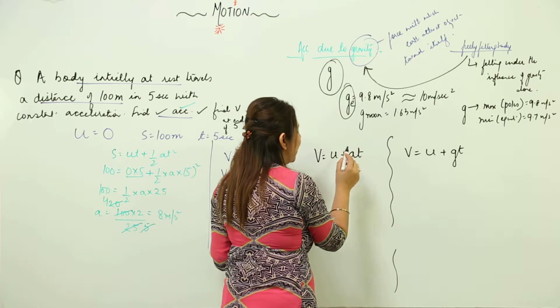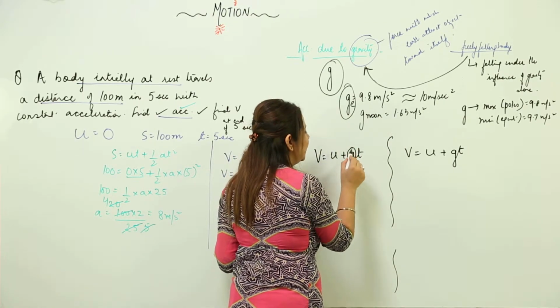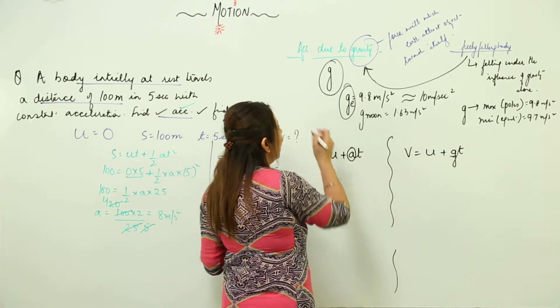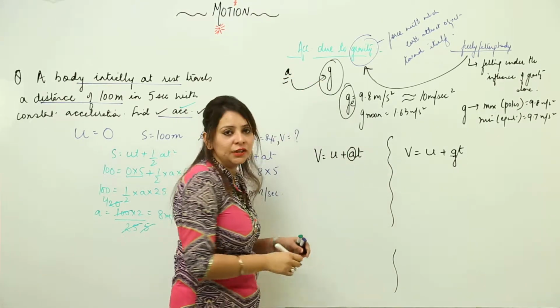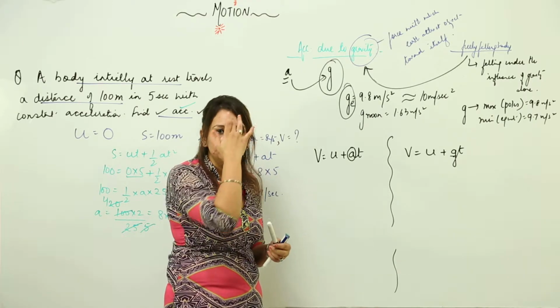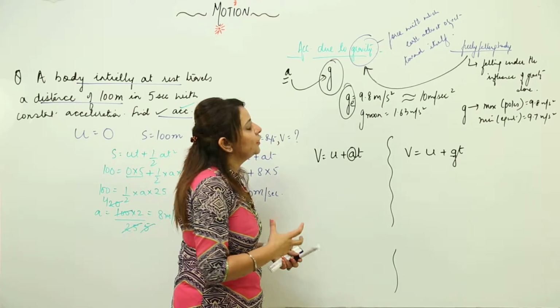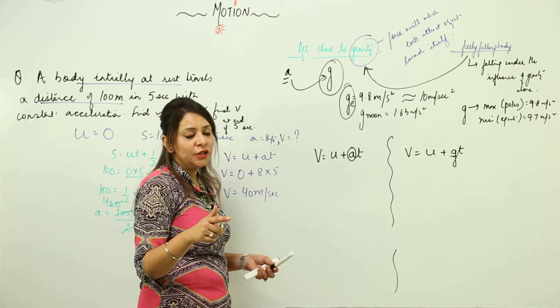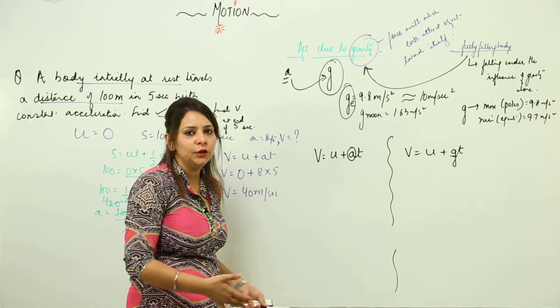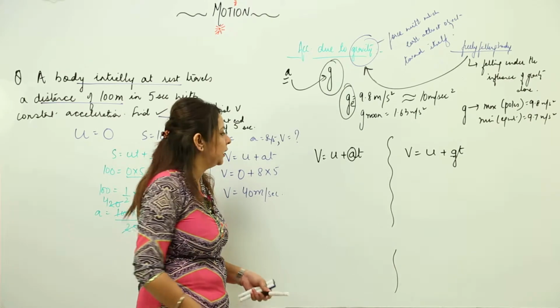The only difference is that we are replacing a with g, because we know that acceleration is denoted by a but acceleration due to gravity is denoted by g. There is no difference in the unit, it is just that acceleration which is merely due to gravity is denoted by another symbol, g, and it has a fixed value for different heavenly bodies.